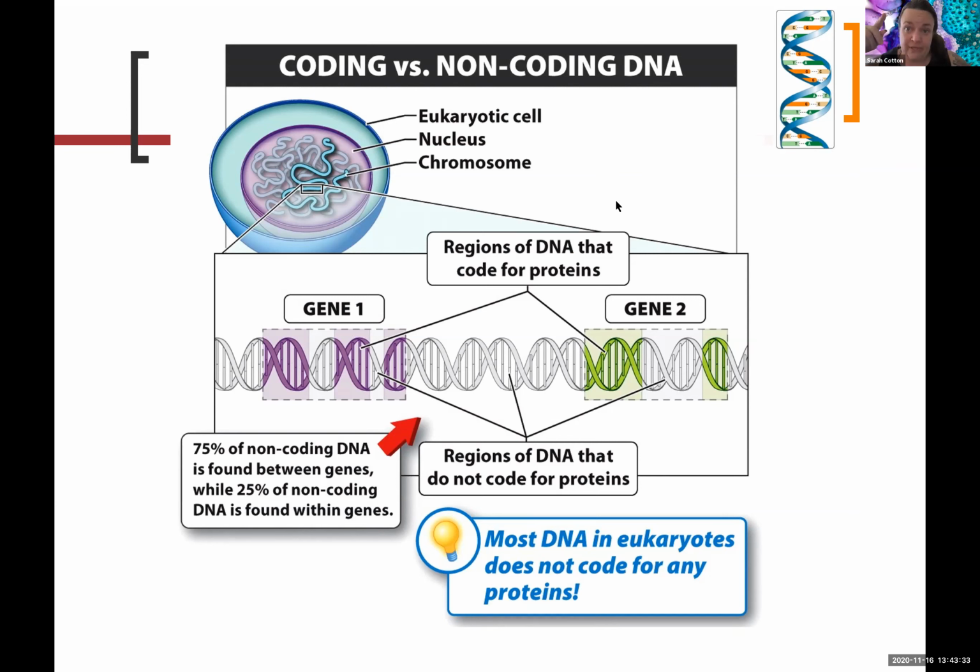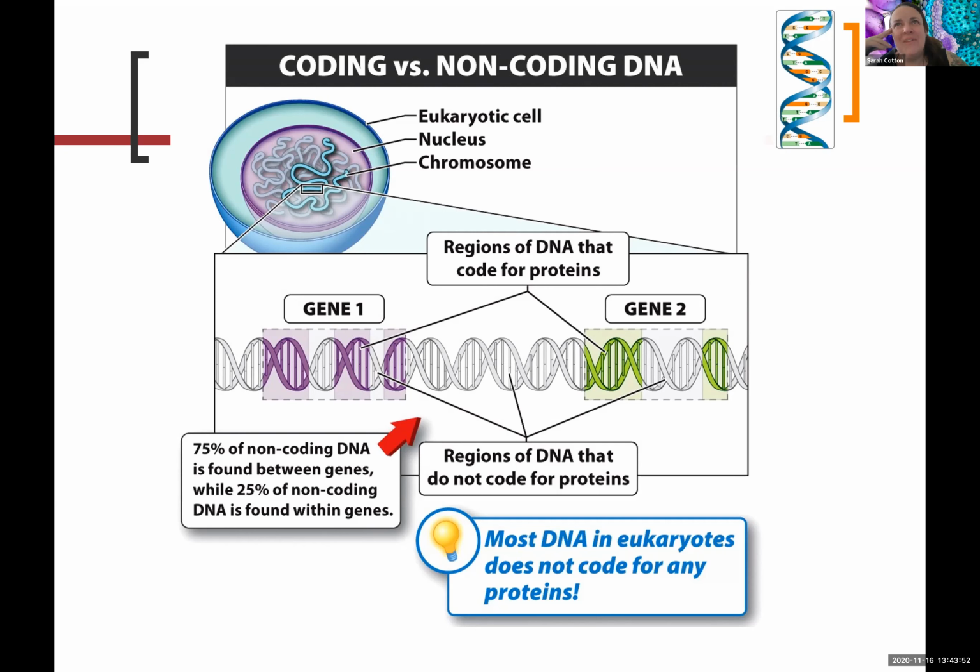As it turns out, much of the DNA that makes up your chromosomes is not used directly to make a protein, believe it or not. People used to call it junk DNA.